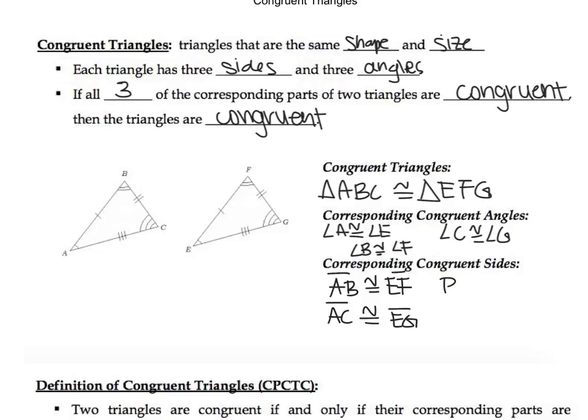And I can say BC is congruent to FG based on the ordering of my triangles when naming them, and in my picture, BC is congruent to FG. So when writing congruent statements for congruent triangles, the order you name your triangles is extremely important.